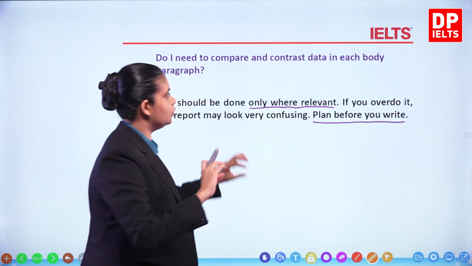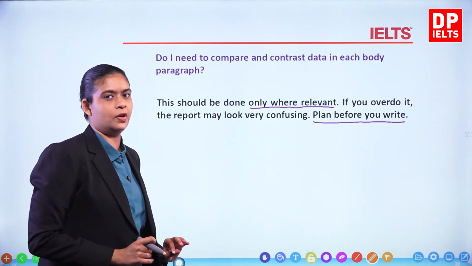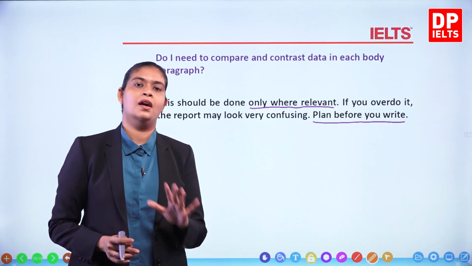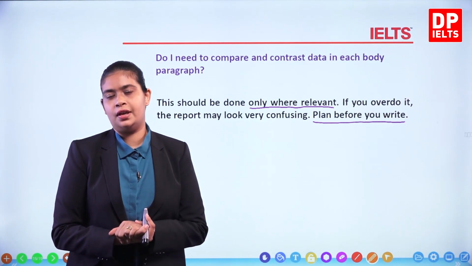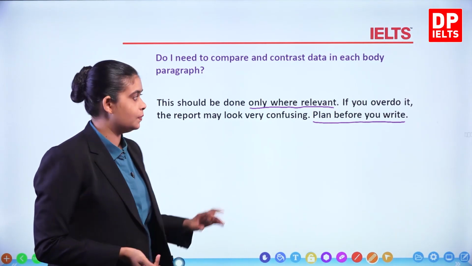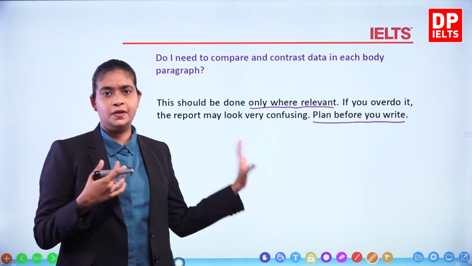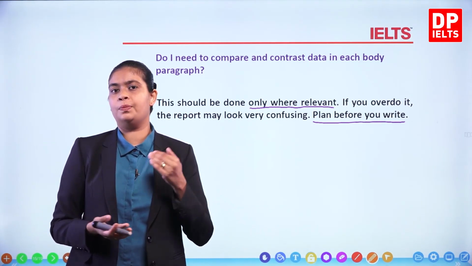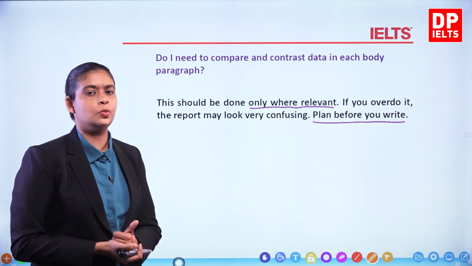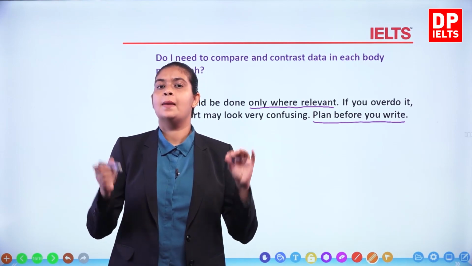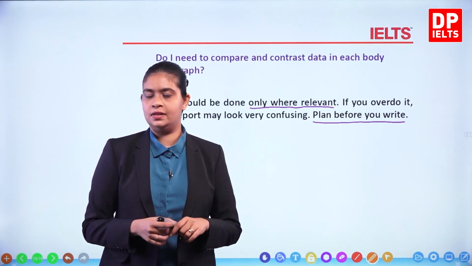So in each one, you don't compare and contrast in each body one. You could do it. I'm not saying it's wrong. I just don't advise it for everyone, okay? Because if you overdo it, it could look confusing and the reader might not be able to understand what you're trying to explain. So what I advise my students is plan before you write, okay?